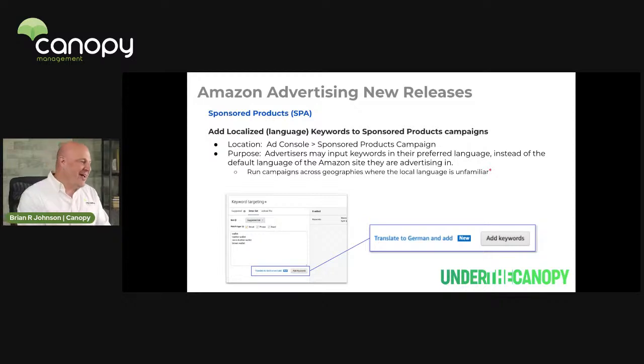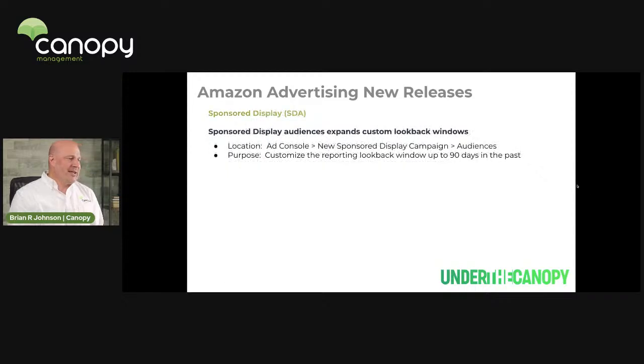However, they have added this into both the sponsored product ads as well as the sponsored brand ad campaigns. So check that out as a good band-aid temporarily until you do it properly with a native translator.